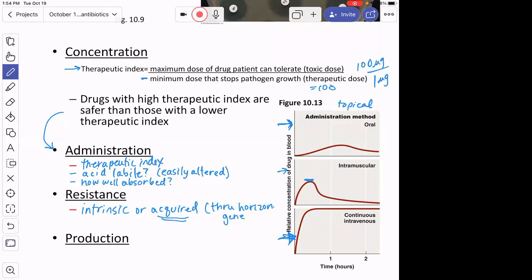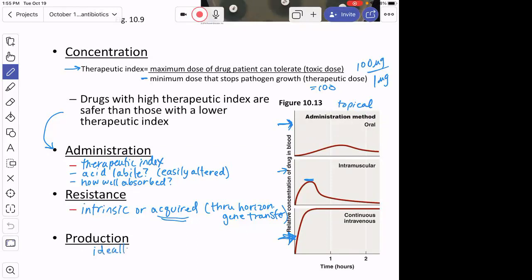Okay, so it gets a plasmid from another cell that encodes the instructions, maybe to make an enzyme to make that drug not effective. Okay, so conjugation probably is the most common. We'll talk more about that later. And lastly, production.